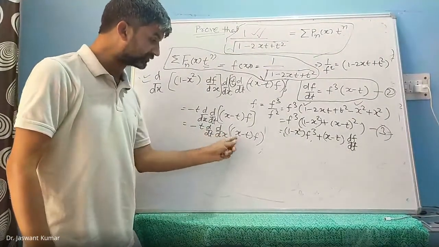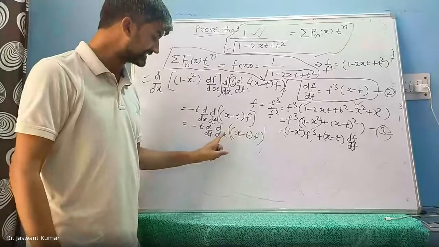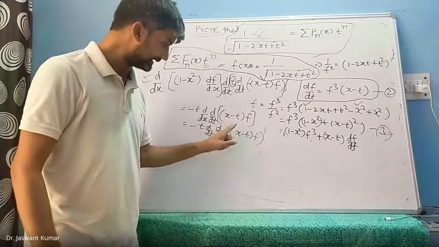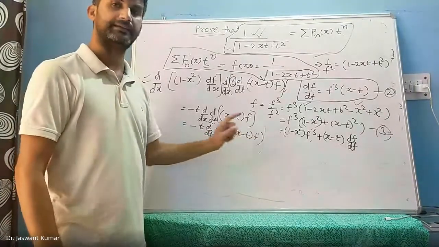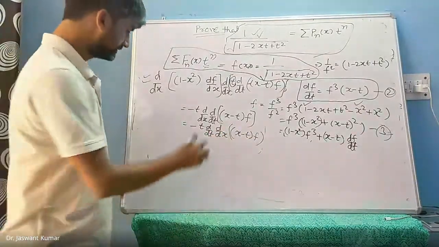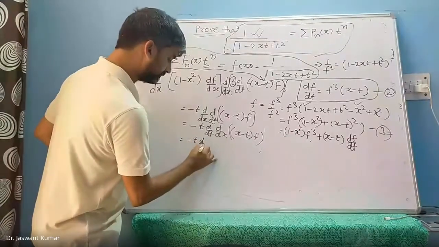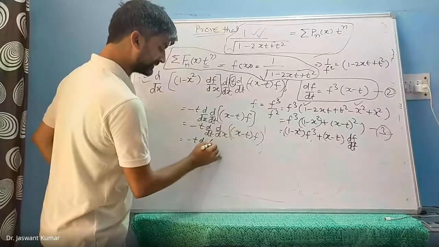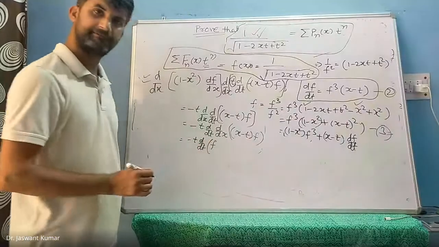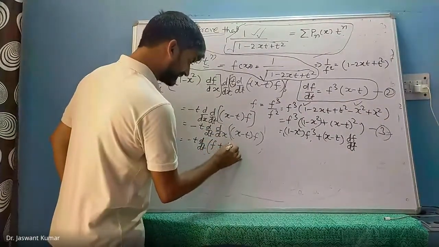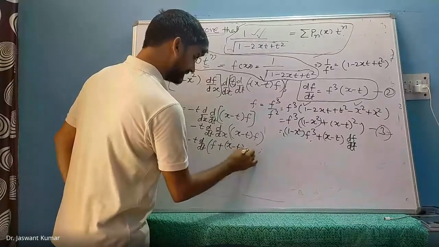So d by dx of some a into b is like d by dx of a multiplied with b plus a d by dx of b. Okay, so this will be written as minus t d by dt of d by dx of x minus t will be 1. So this will be f plus x minus t df by dx.